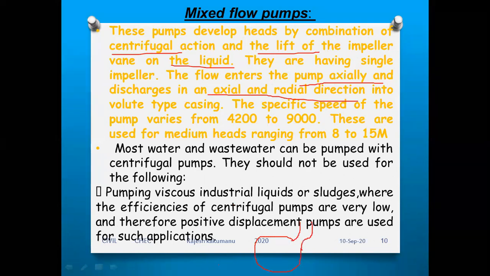Let me draw the pump in the figure. See, if it is a pump generally, let us take this as in and this as out. So here what he is saying, the flow enters the pump axially, which means water goes axially, and it is going outside, discharging in axial and radial direction.